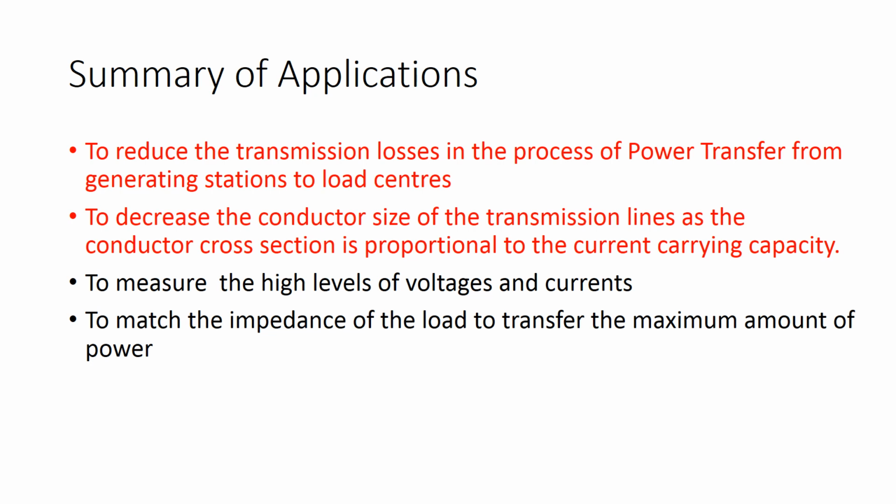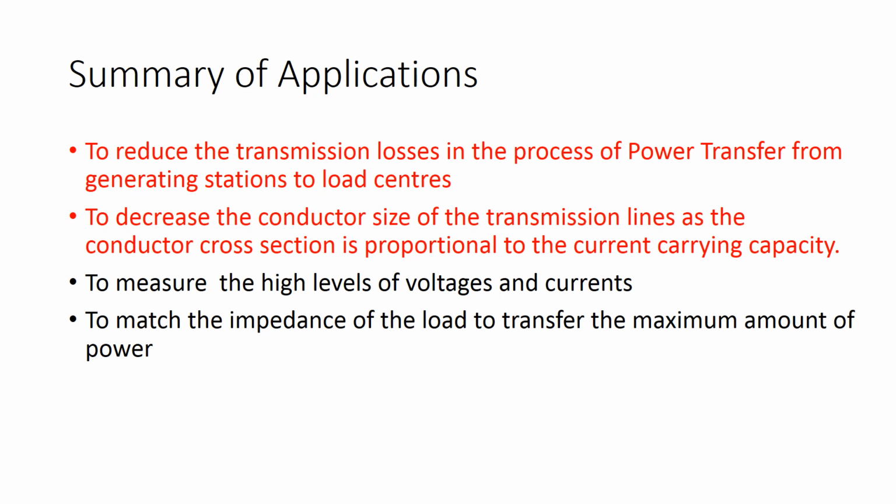These are the maximum values of measurements that we can directly take by using measuring instruments like PMMC instruments, moving iron instruments, etc. But the practical values of voltage and current are very huge, and you cannot directly apply these values to those measuring instruments.